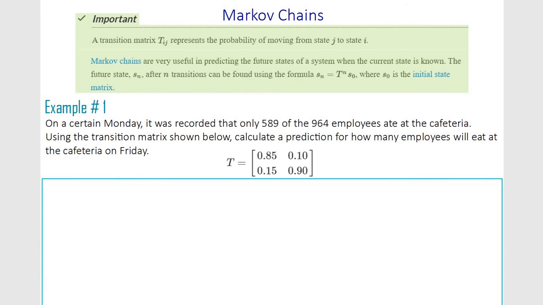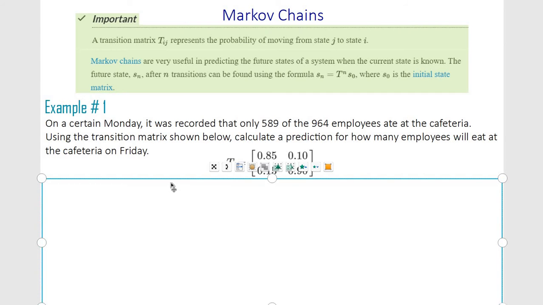So we use that for probabilities, but now we can also use it to predict future states if we know the current state. For example, if we record that 589 of 964 employees ate at the cafeteria, well, this is the transition matrix. We're going to calculate a prediction that employees will eat at the cafeteria on Friday.